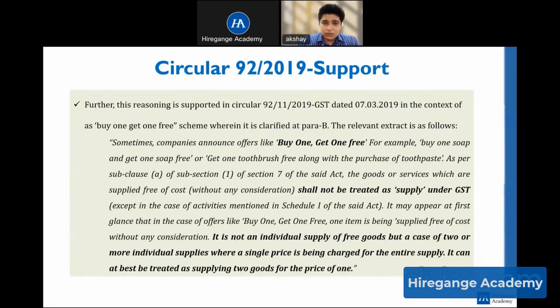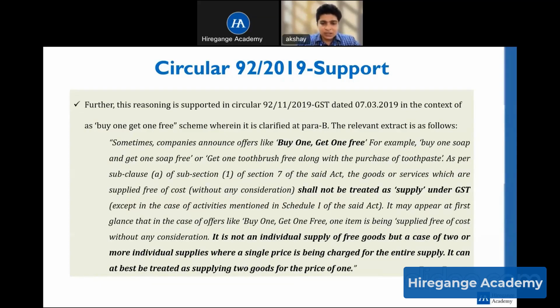This is also supported by a CBIC circular under GST 92/2019, wherein the concept of buy one get one free was discussed, and unless it is supplied and it's considered under Schedule 1 of the said act, conditional to that, these supplies would not be said to be covered as a supply, and also would not be said to be a situation where the ITC would need to be reversed.